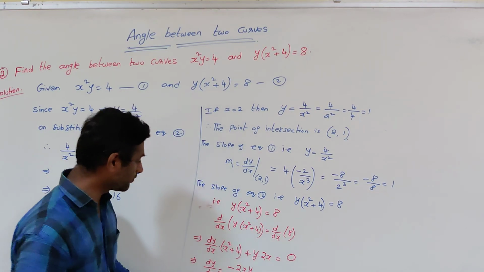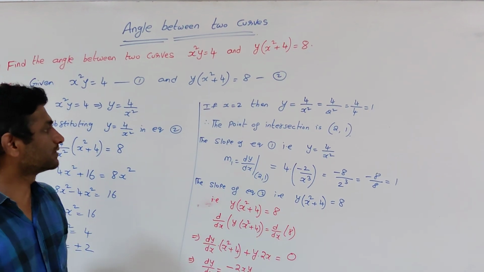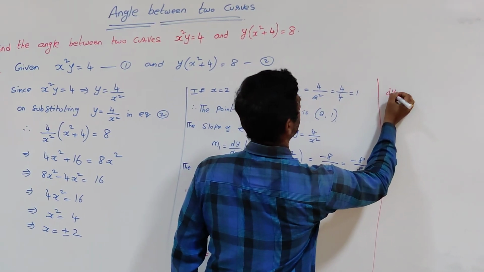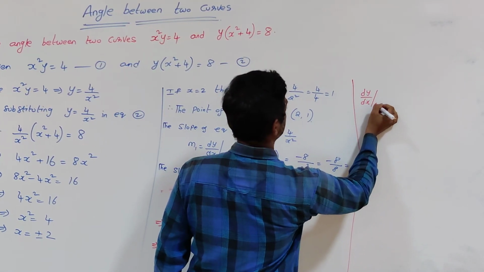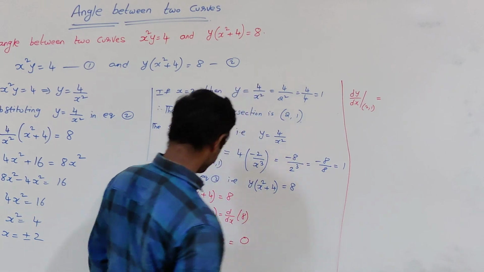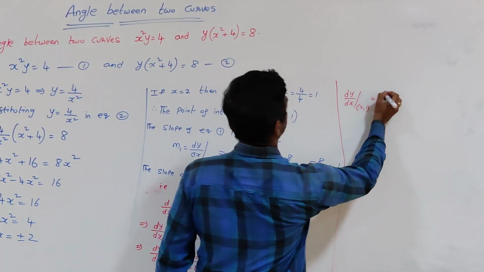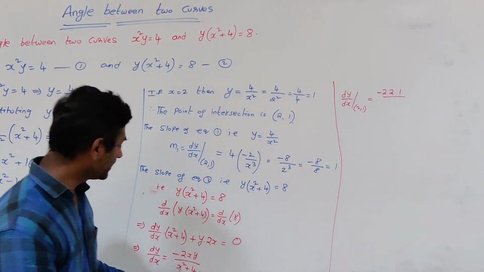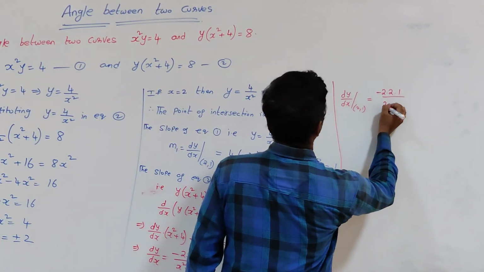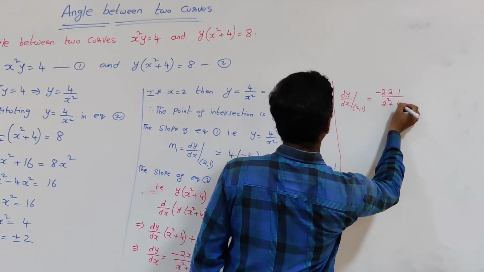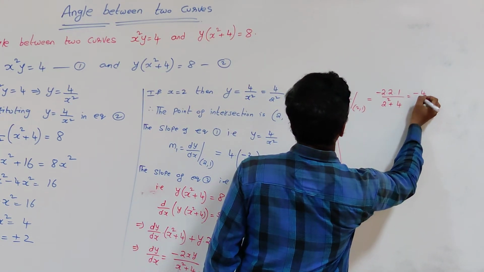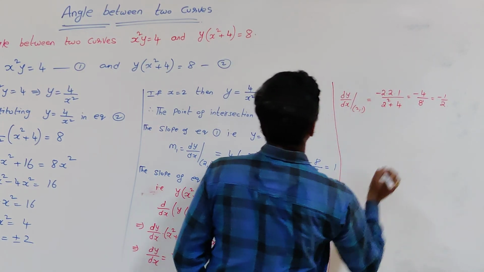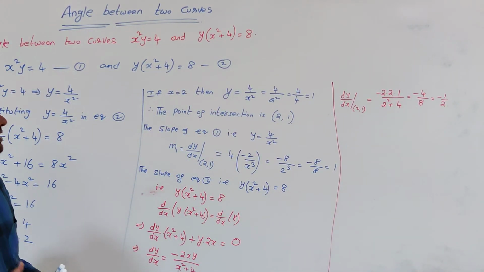At 2 comma 1, dy by dx will be minus 2 into 1 by 2 square plus 4, minus 4 by 8, which is minus 1 by 2. So that is the slope of the second curve.